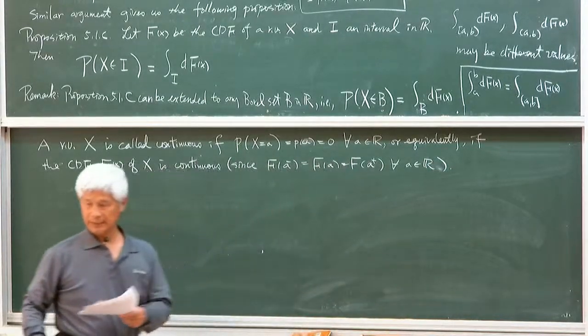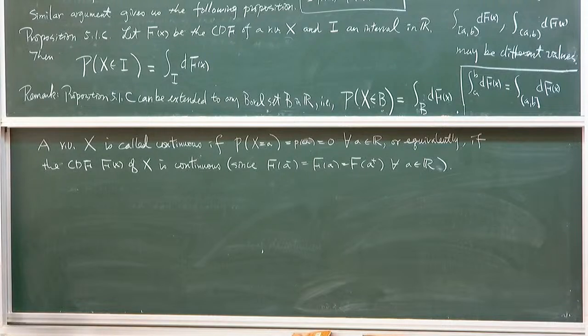Okay. So a random variable is called continuous if its CDF is a continuous function.